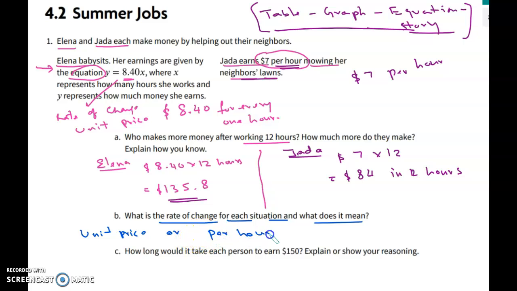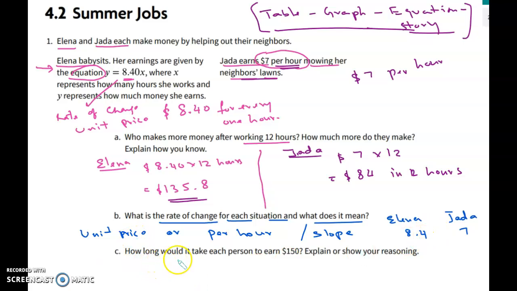Or you can also write it as slope when we learn about equations. In this case, Elena is 8.4, and then Jenna is $7 per hour. So those are the unit prices in this case.